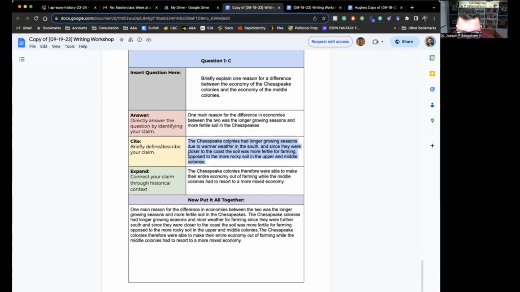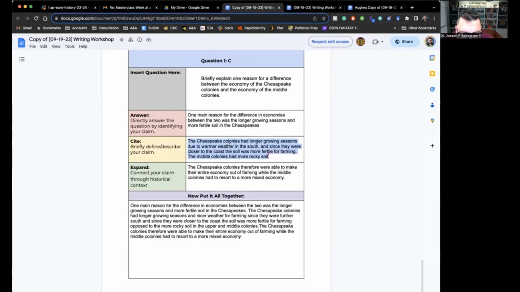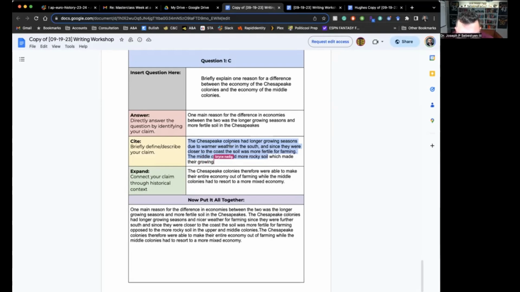The middle colonies had more rocky soil. Just period. I would say which made their growing season shorter, or growing season harder and shorter.